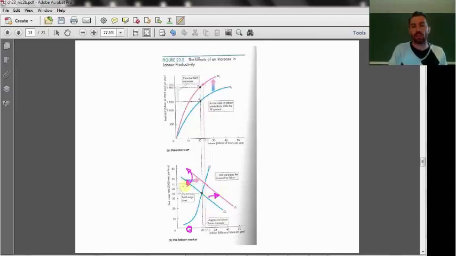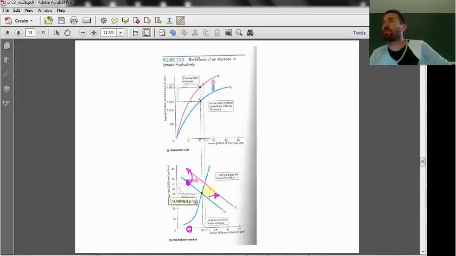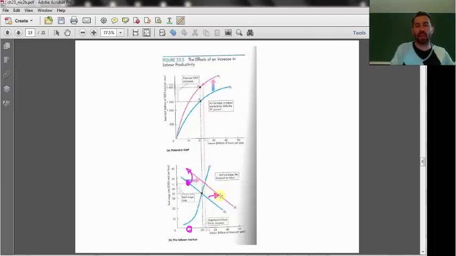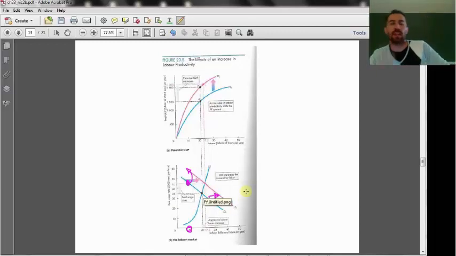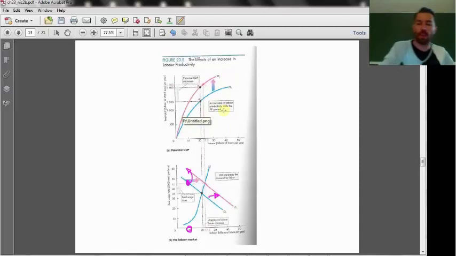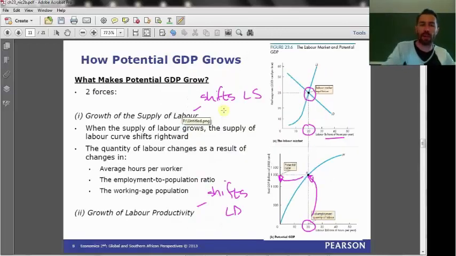In other words, another way of saying that is for any given wage rate, firms are prepared to hire more laborers, or employ more labor hours. So with an increase in productivity, we have a shift to the right of the labor demand curve. But there's something else that happens as well to our production function. Remember the following definition for our production function.